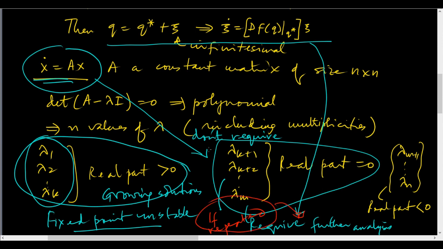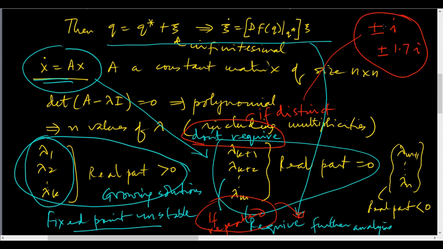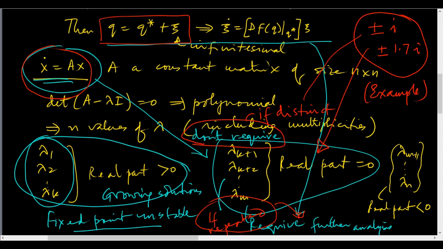If distinct, so plus minus i, plus minus 1.7 i. See, 4 eigenvalues is an example. 4 eigenvalues, real part 0. For the strictly linear system, no further analysis is needed. If this is actually a linearization, then further analysis is needed.